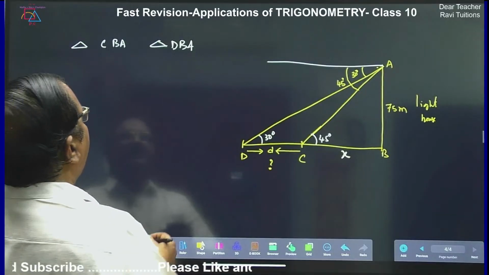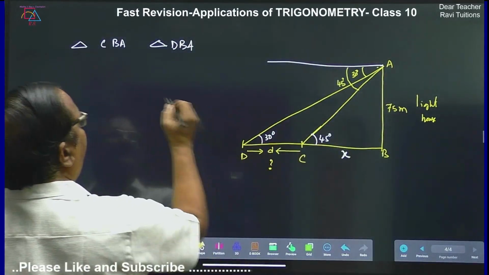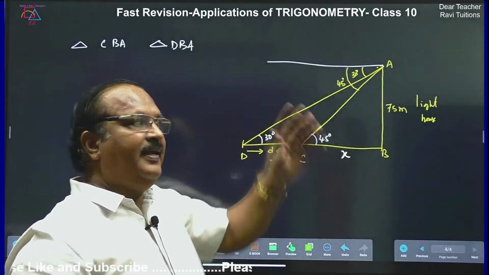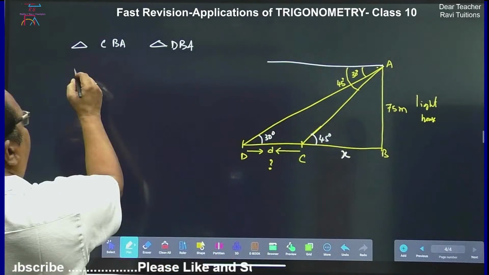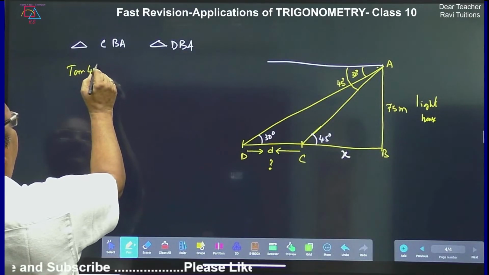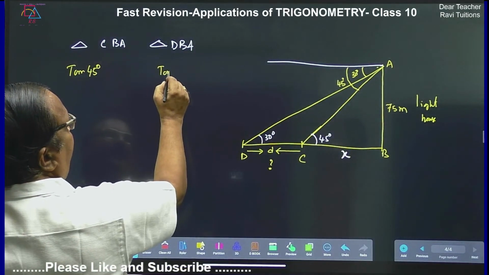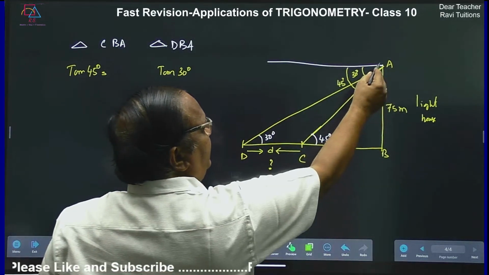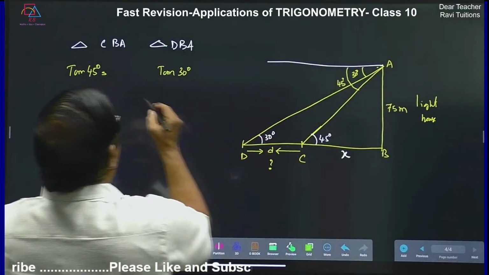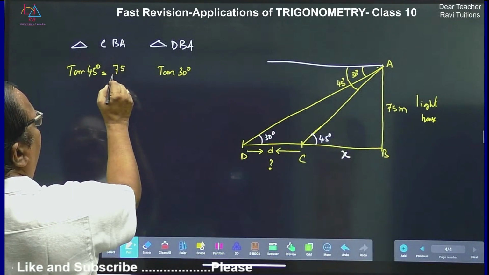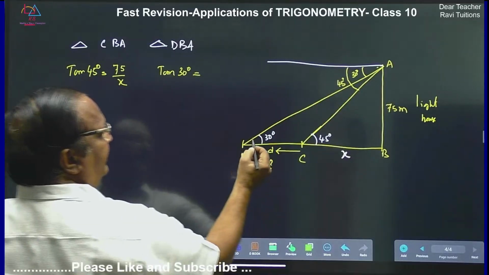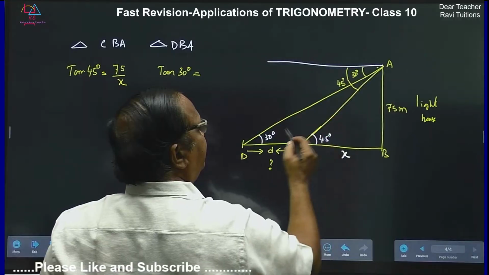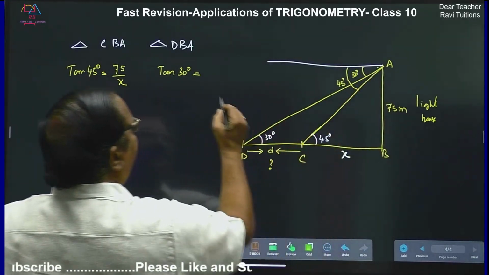Okay. So now in this CBA, 45 degrees is there. In this also there is no role of hypotenuse. So tan directly. So here tan 45 degrees and here tan 30 degrees. So for 45 degrees, the opposite side is 75 by x, and for 30 degrees, the opposite side, we are taking DBA as the triangle, 30 degrees, AB is the opposite side.